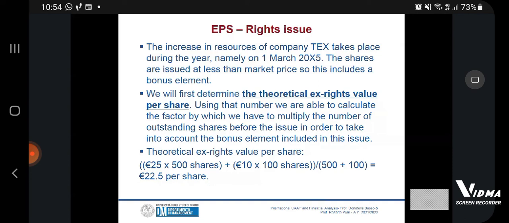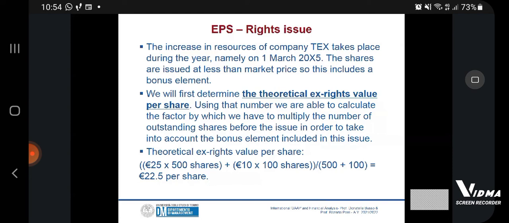So this is what was the worth or the value of the shares before I issued the rights. Then we issued 100 new shares and we offered them at a value of 10 euro per share. So what are the proceeds from selling these new shares? How much money are we getting from selling them to the market?